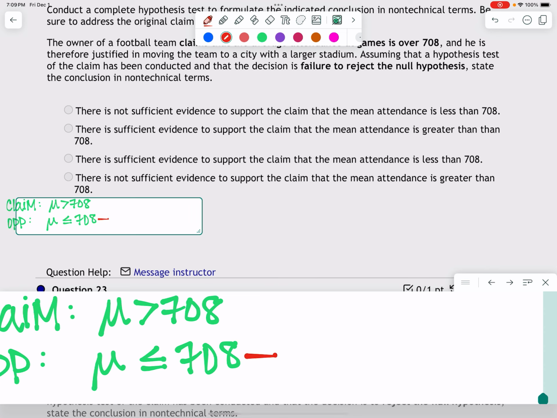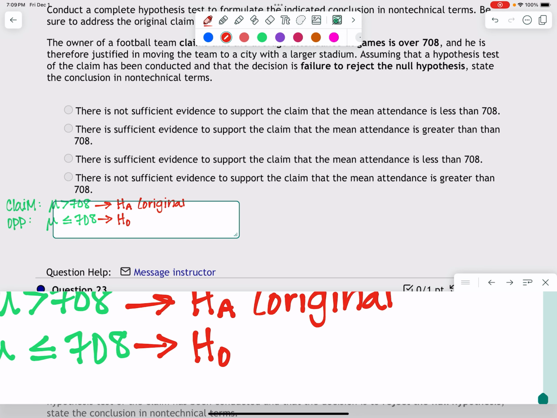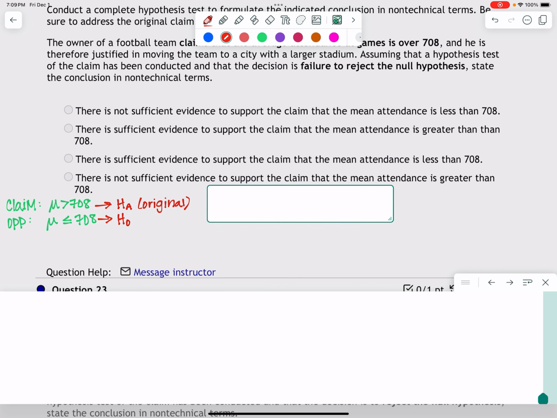That means this would become our H0, and the original claim would be the HA. It looks like all of the testing was done for us, and we have a failure to reject the null hypothesis.